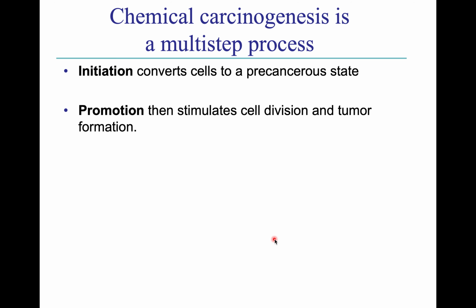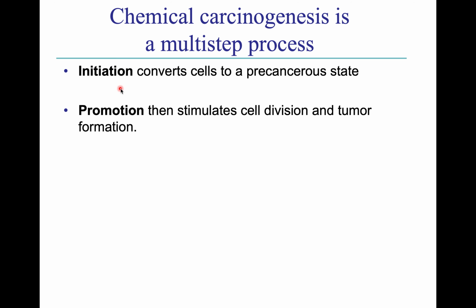Now, digging a little deeper into mechanism, I wanted to highlight the idea that chemical carcinogenesis is this multi-step process. So you get initiation, promotion, and then what's called progression. And so initiation is really the process of picking up mutations.